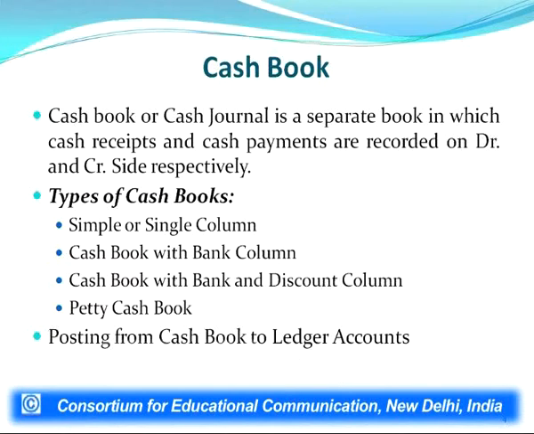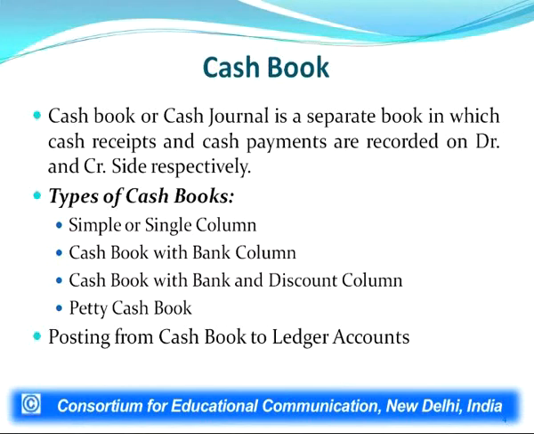Another, cash book with bank and discount column, also called the 3 column cash book, which has 3 columns of amounts, one for cash, another for banking transactions, and the other for discount. And the petty cash book to record petty expenses. And we also discussed how to post them into the ledger.